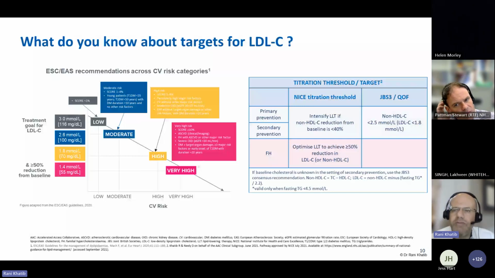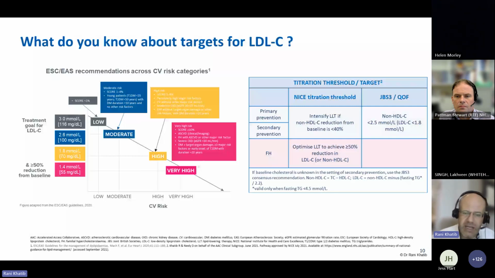The QOF has chosen less than 1.8 for LDL cholesterol and less than 2.5 for non-HDL cholesterol as a target for secondary prevention. The QOF doesn't say anything about primary prevention. NICE says more than 40% reduction in non-HDL cholesterol for both primary and secondary prevention.